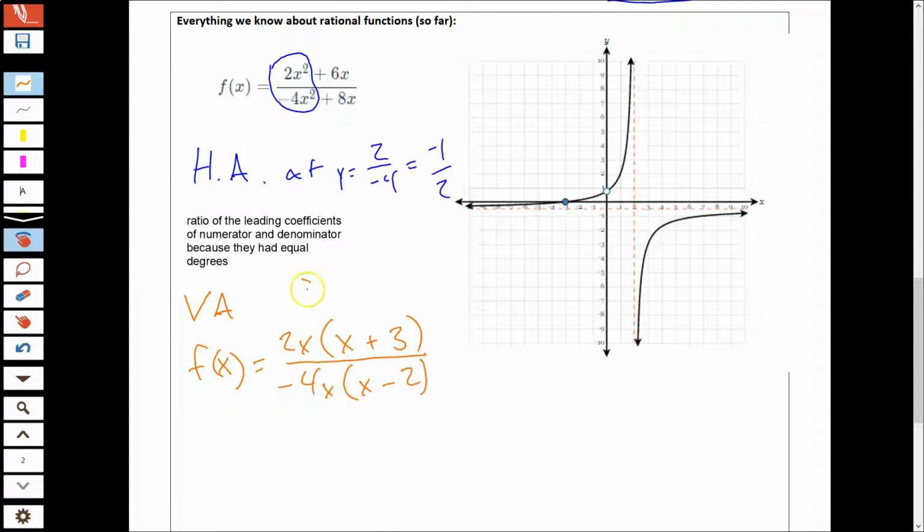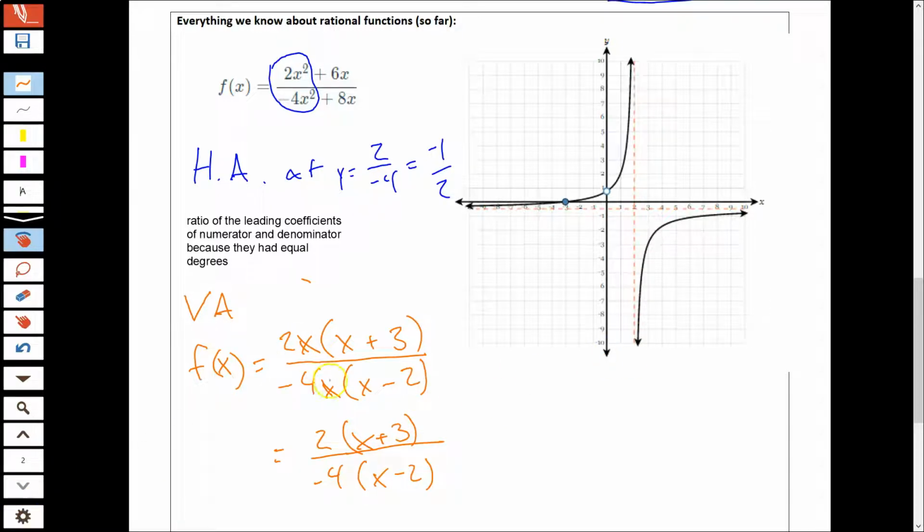Now I look for factors that cancel out, and notice I have an x and an x. x divided by x is 1, so what is left over is 2 over negative 4, times x plus 3 over x minus 2.